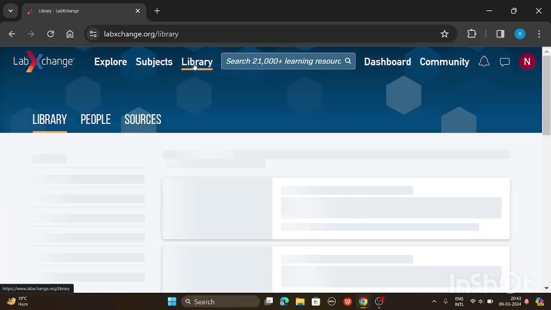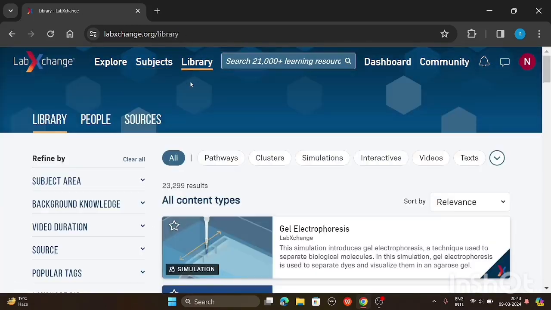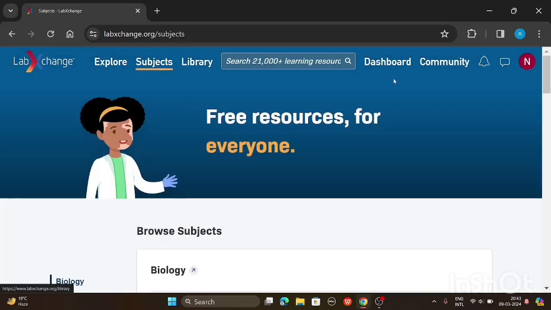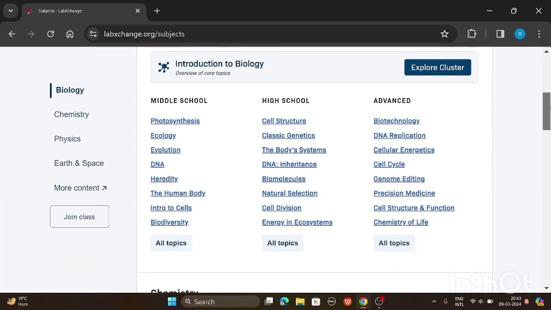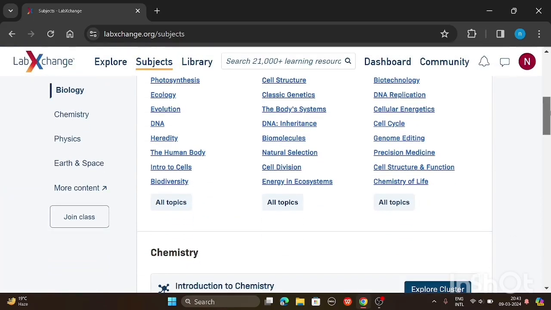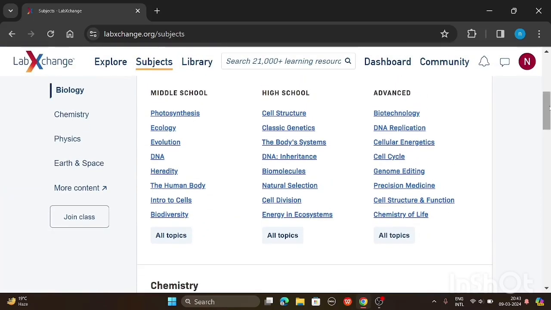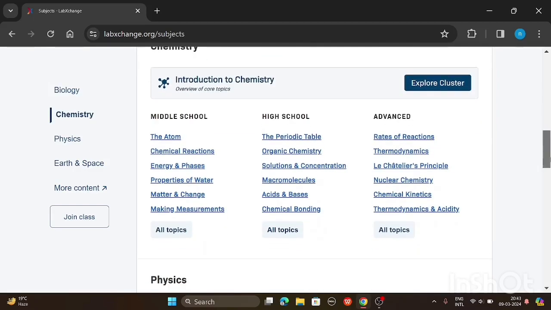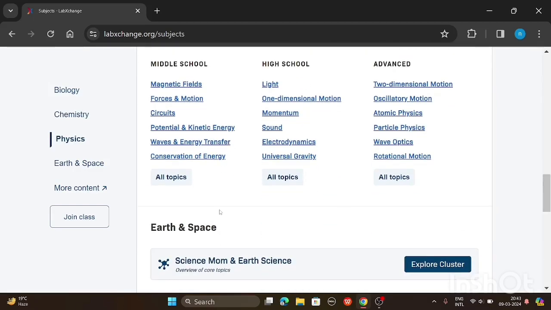The library section, to see what is there. So we can also go to subjects, and we can teach some concept, or we can do something here. So we can explore this. First, we can take any topic from physics.